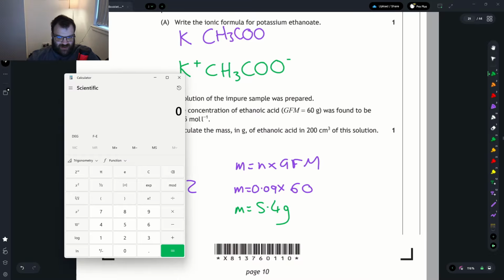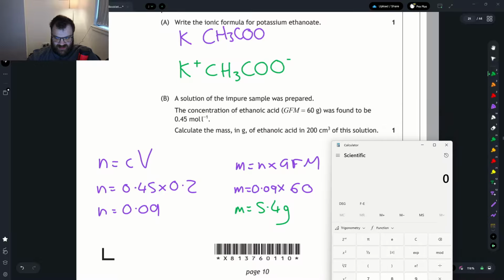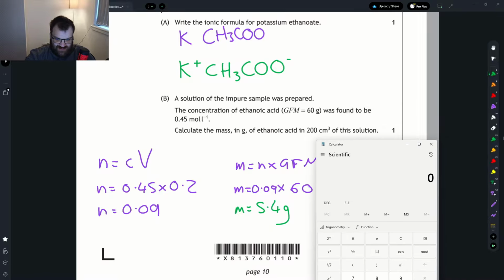To prove my point about why conversion is so important, if someone doesn't do that, they'll do 0.45 times 200, which says there'd be 90 moles. Hopefully that sounds as ridiculous to you as it does to me. If you were then to turn that into the mass, that'd be saying we're adding 5.4 kilograms of powder of acid into 200 centimetres cubed of solution.